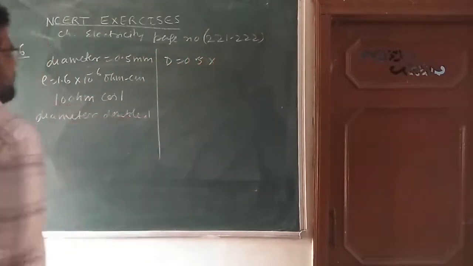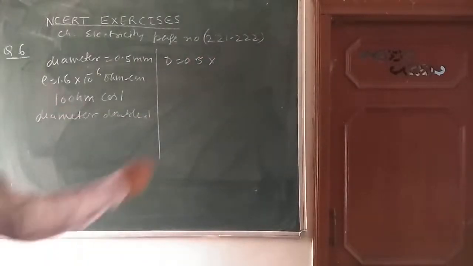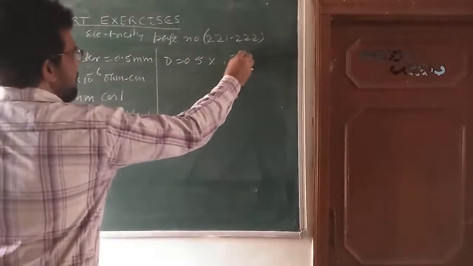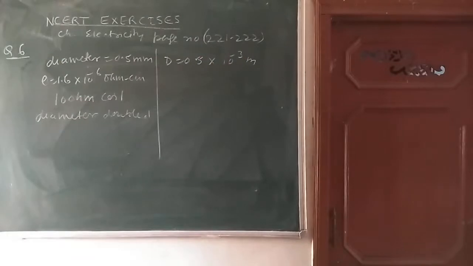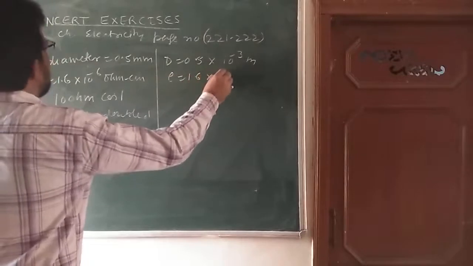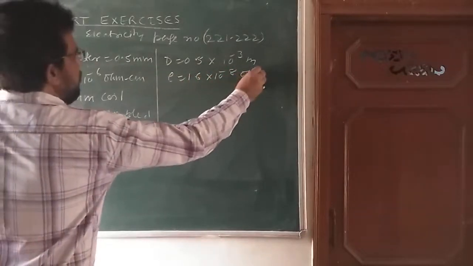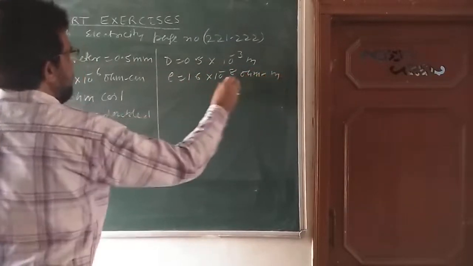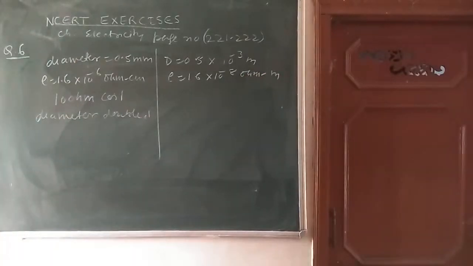So you can write in meter divided by 1000. So it is equal to 10 raised to power minus 3 meter. Resistivity is in ohm into centimeter, so you can write 1.6 into 10 raised to power minus 8 ohm into meter, divide by 100. Required resistance R is equal to 10 ohm.